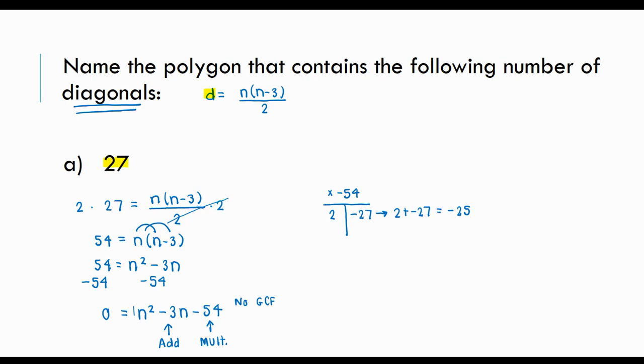So let's think about two more numbers that multiply to get me 54. Well, one of them would be 9 and 6, but I would need to make one of them negative and one of them positive. If I make the 9 negative and the 6 positive, that will multiply to get me my negative 54. Notice that when I add those two numbers, negative 9 plus 6 will get me the negative 3 that I'm looking for.